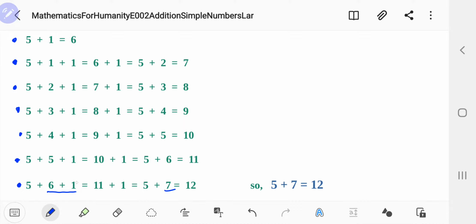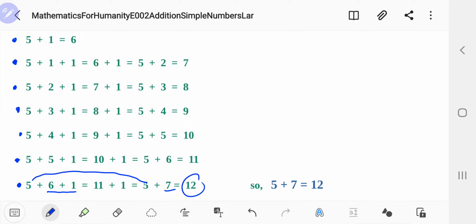So 5 plus 7 is equal to 12. That's how you apply the rule for addition. But applying this rule to every statement will take so much time. But you know that 5 plus 7 equals 12.